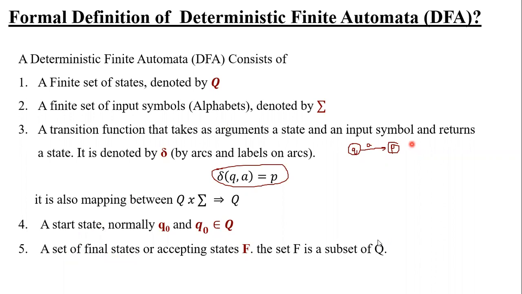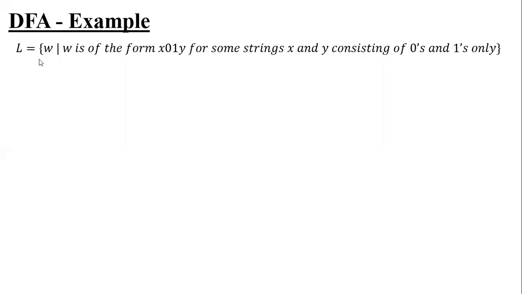Now we understand it with some example. There is a language L, that is, there is a string W such that W is of the form X01Y for some strings X and Y consisting of zeros and ones only.